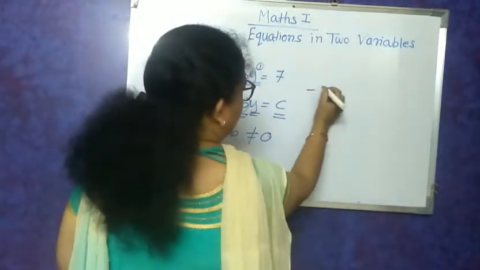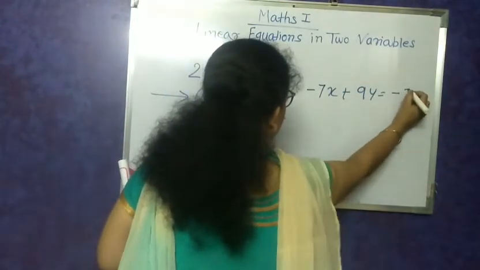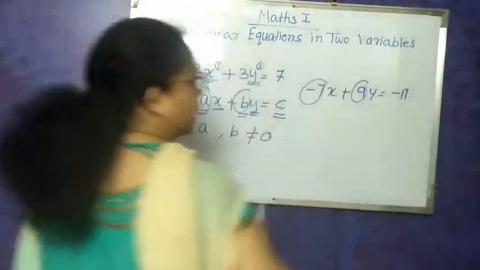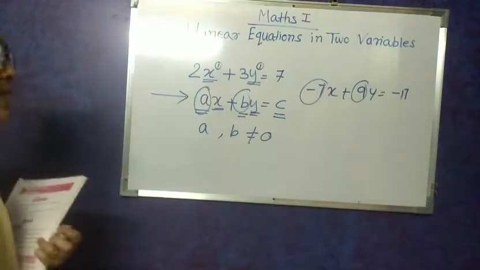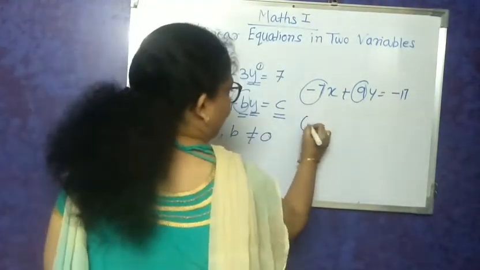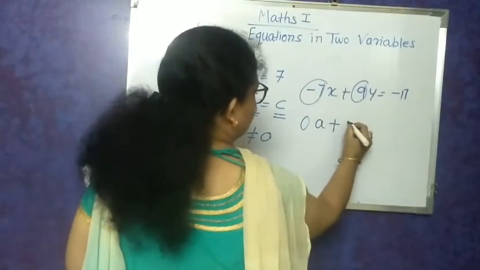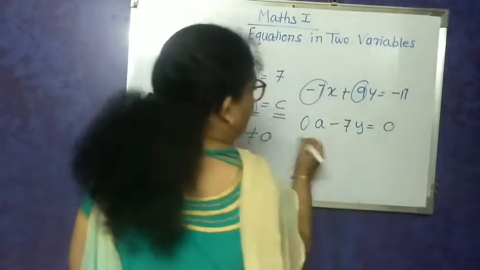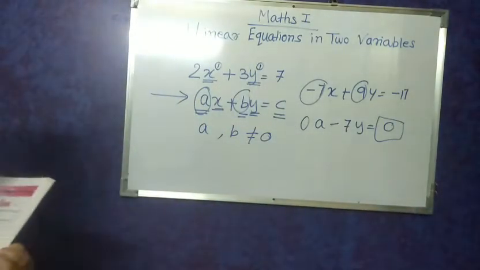So if I am writing minus 7x plus 9y is equal to minus 17, here with the x a real number is there, with the y a real number is there, and c is a real number, then we can say that it's a linear equation in two variables. But if I am writing 0x plus minus 7y is equal to 0, here if c's value is 0, then it's okay.